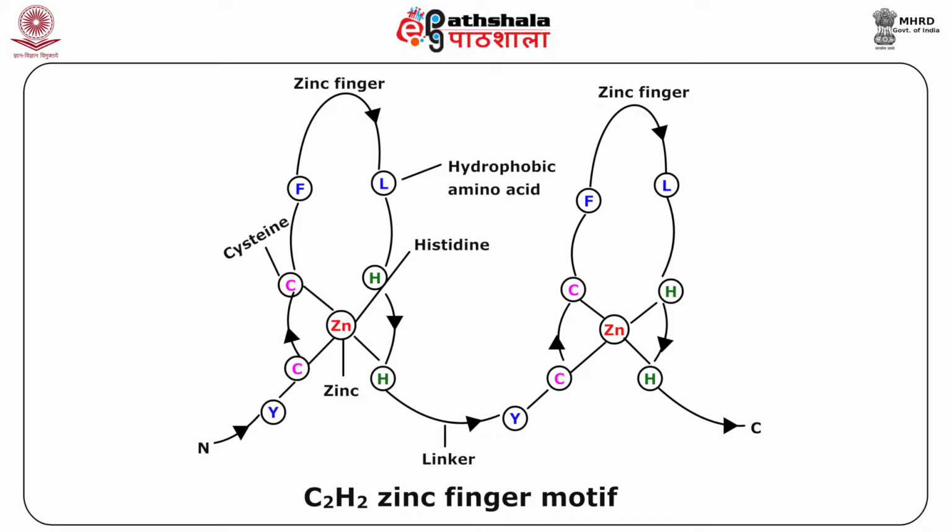GAGA factor is the only protein that contains a single C2H2 finger. Xenopus TF3A, human transcription factor SP1, mouse ZIF268 are some examples of this class.